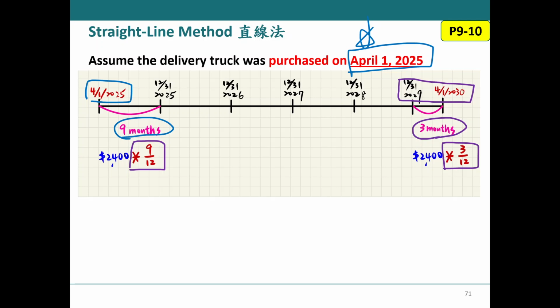Okay? So please go to your handout on page 22. Finish the table on page 22. When? Today. You buy the PPE on April 1st. Okay? So the only thing, pay attention to the first year and last year. Others, that's the whole year, totally the same.